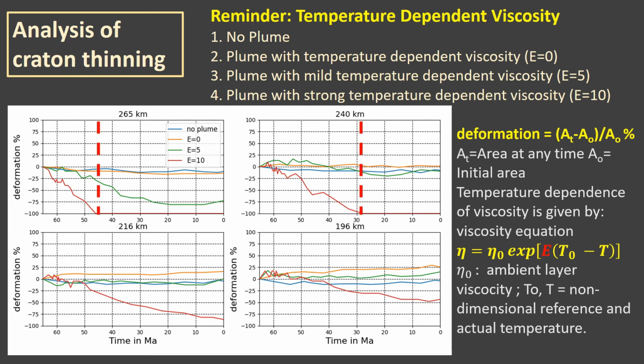That means this amount of craton has already been destroyed. And if we come to the next figure, we see that at around 28 or 29 millions of years ago, even the 240 kilometer depth reached minus 100% deformation. Whereas if there is no plume or no temperature dependence, we do not see much deformation. So the deformation sticks mostly near 0%.